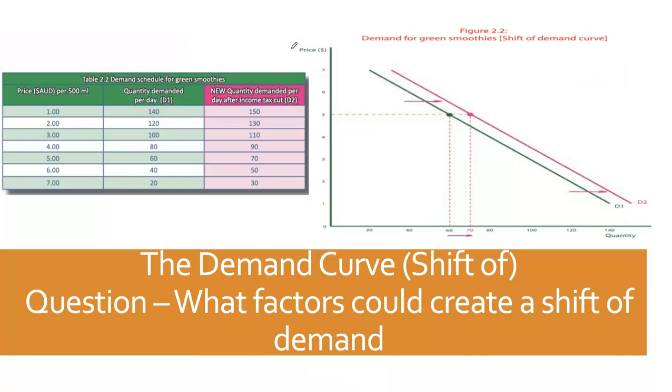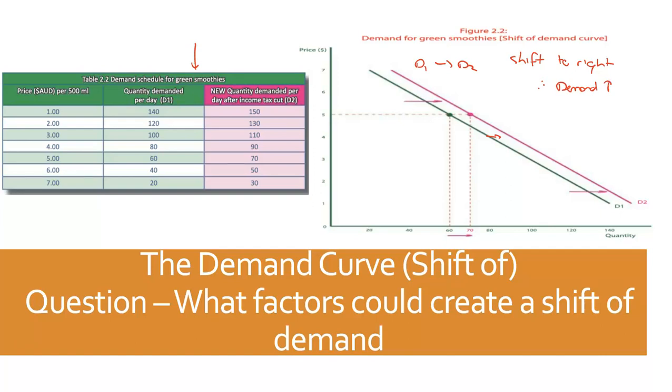So what factors do you think could have created, in this case of our green smoothies, a new demand curve? I have gone from D1 to D2 here. You can see there's been a shift to right. Therefore, demand has increased.